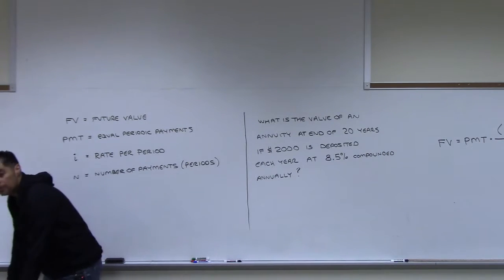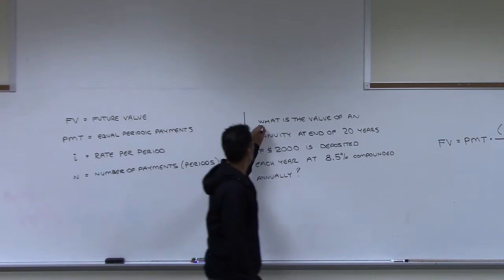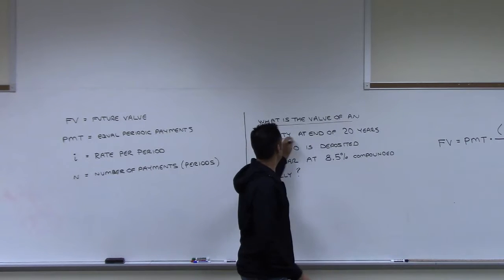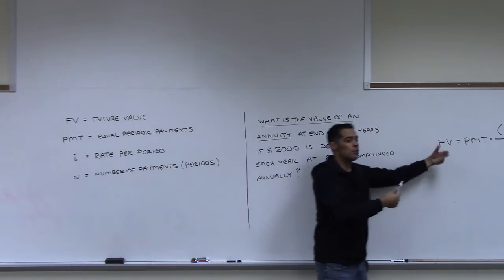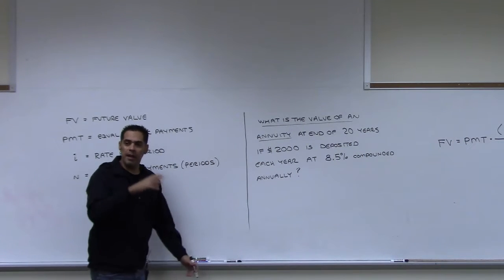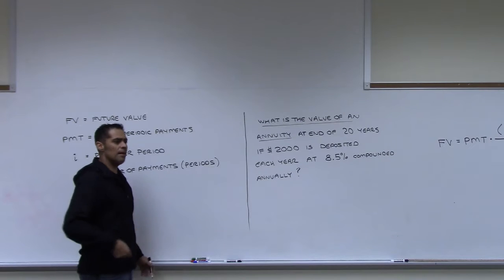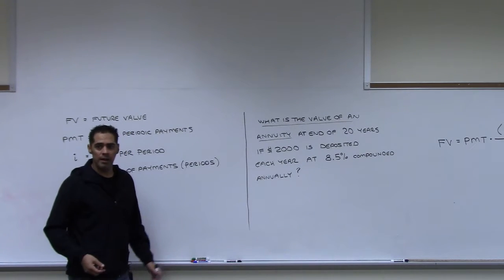All right, so in this problem, we want to know what is the value of the annuity, right? At the end of a certain period of time. So we want to know the future value of this annuity. So do you understand what we're doing every year? We're putting $2,000 in the bank, putting $2,000 in the bank. We do that for 20 years, right?